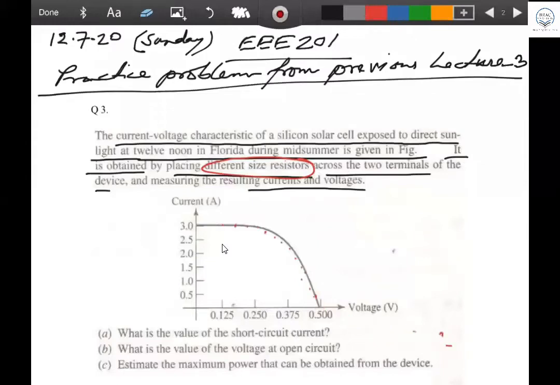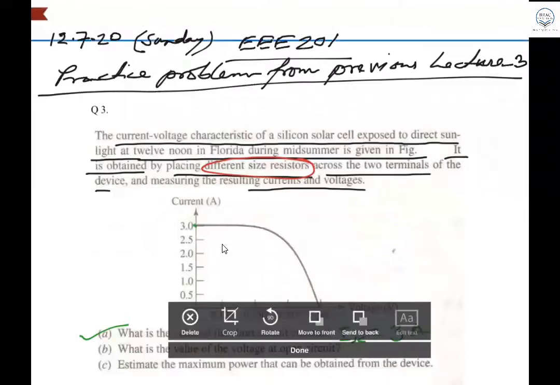Now, the question they asked. First question: what is the value of the short circuit current, I short circuit? Yes, 3 ampere, absolutely correct, because this is the short circuit point.